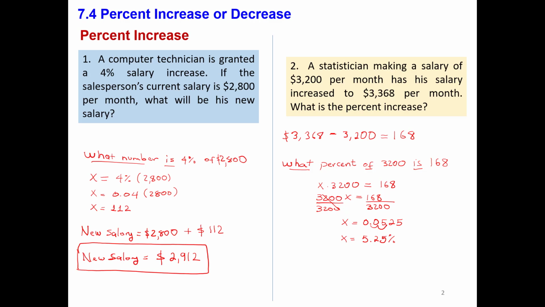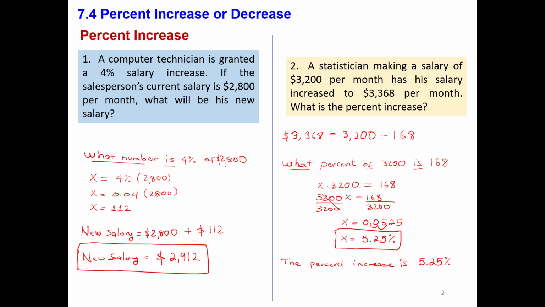The salary increased by 5.25%. Let's write here: the percent increase is 5.25%.